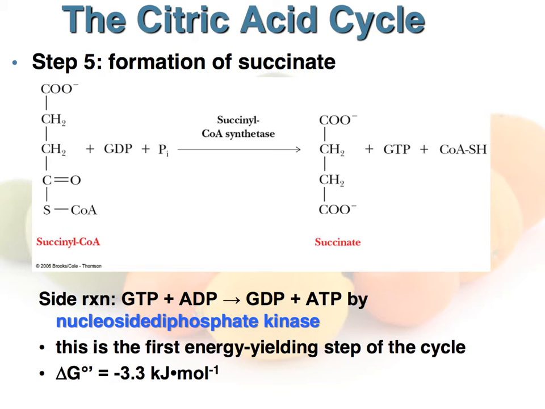But this is succinyl-CoA synthetase. This is the first time you get energy directly from the citric acid cycle. All the other times you've made NADH, which can go on, but we've never made something energetic directly.